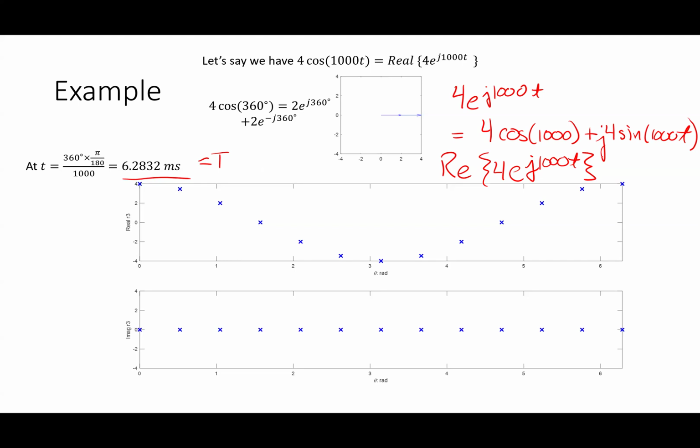So 4e to the j 1000t is 4 cosine 1000t, left the t out, plus j times 4 sine 1000t. What is the real part of it? The cosine part, the 4 cosine 1000t.